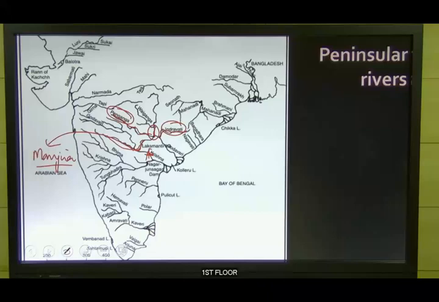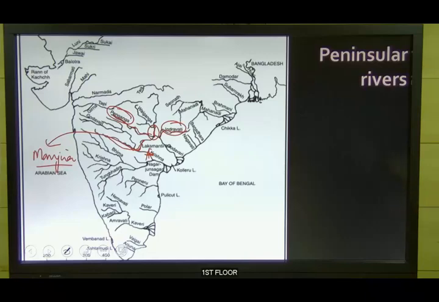These are the important tributaries of Godavari. The important project of Andhra Pradesh, Polavaram project.